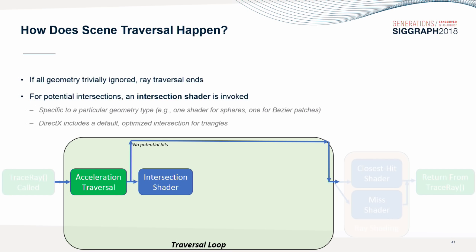If you do hit something in your bounding volume traversal, you get to run this intersection shader, and this allows you to control, do you intersect this particular piece of geometry? Maybe it's a sphere, maybe it's a triangle, maybe it's something else, a Bezier curve. In DirectX, there is a built-in triangle shader, so you don't have to write a triangle intersection shader, but for anything else, you're on your own. You get to write custom software.